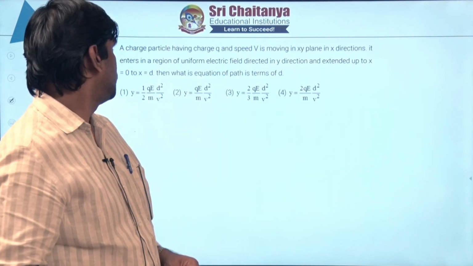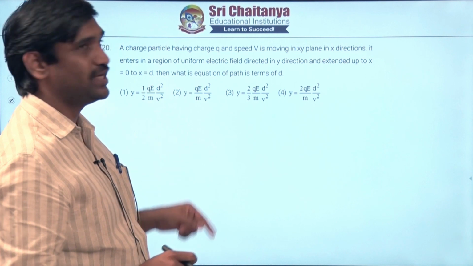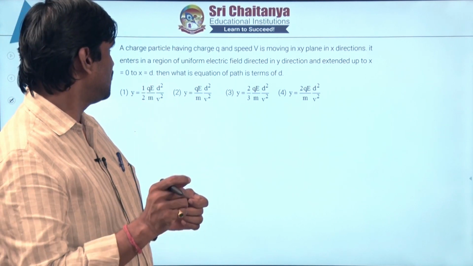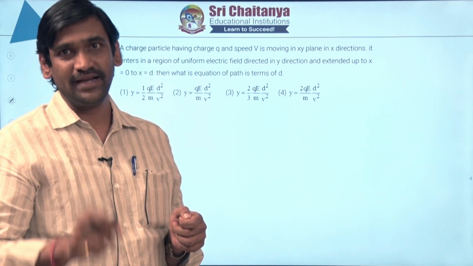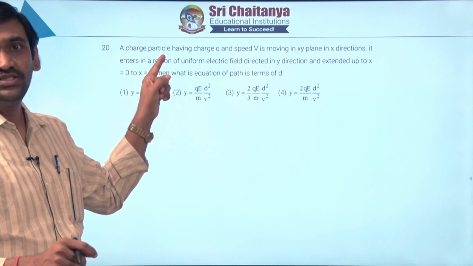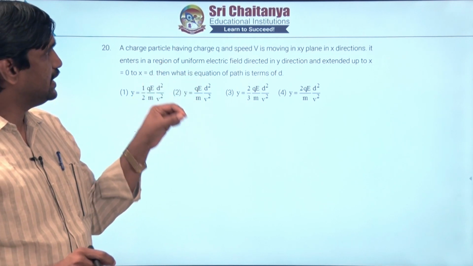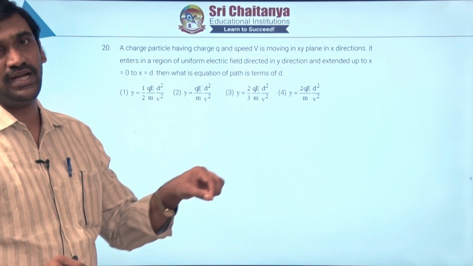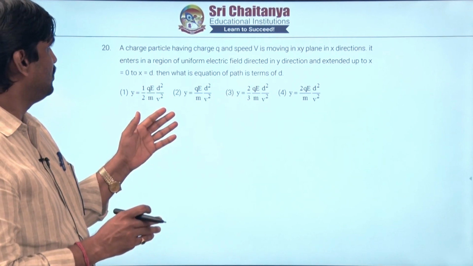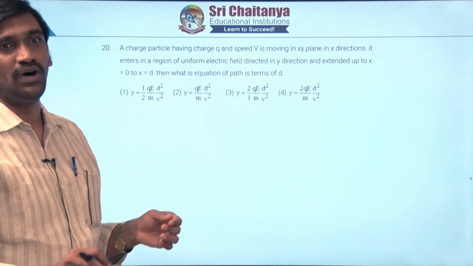Now, I am starting question number 20. This question number 20 is based on motion of a charged particle under electric field. Here given a charged particle of charge q is entered into the electric field perpendicularly. They are asking which equation describes its path.